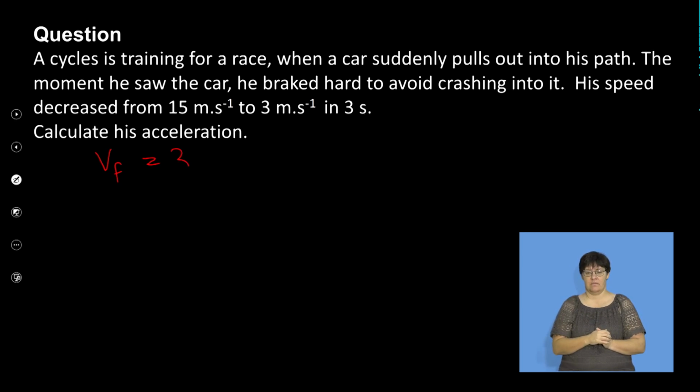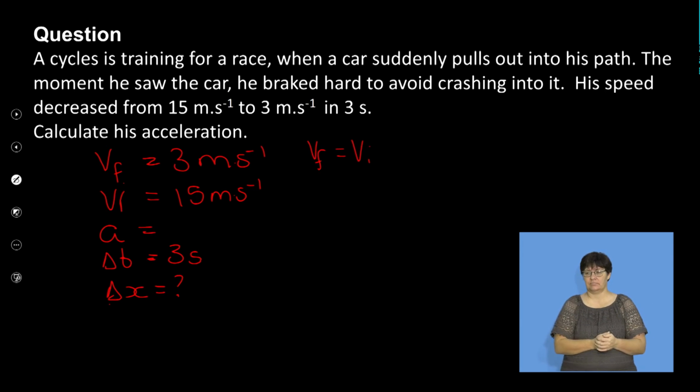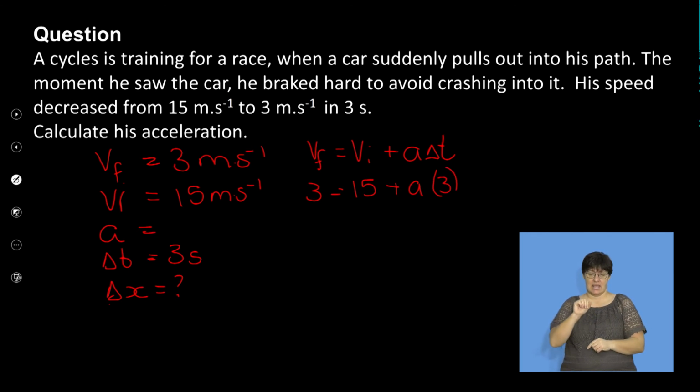Vf is 3. Vi is 15. A is what we're looking for, and they say he does this in 3 seconds, okay? We don't know delta x, but we don't actually need it because, again, we're going to use the first equation, which we've done lots today. Okay, so Vf is 3, Vi is 15, t is 3. So now we need to be careful.